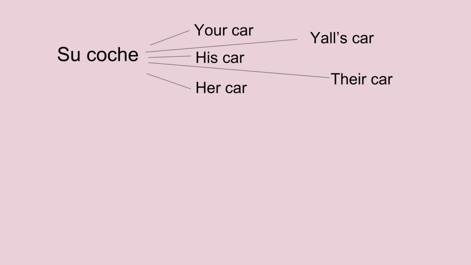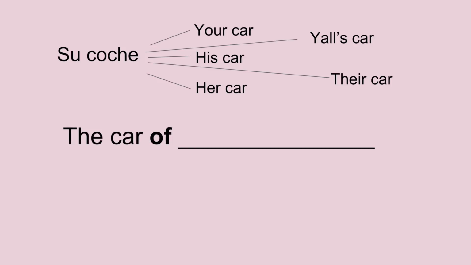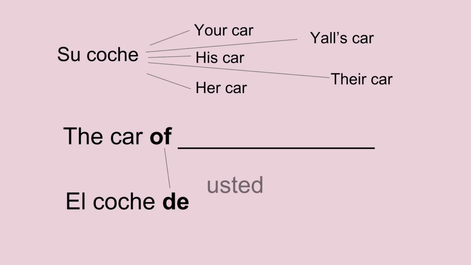So, if it is not clear by your conversation, you need to be able to reword that. You need to be able to say the car of, and you fill in the blank. So you're going to reword it and you're going to say el coche de. So you're going to use the little word de a lot. El coche de usted.